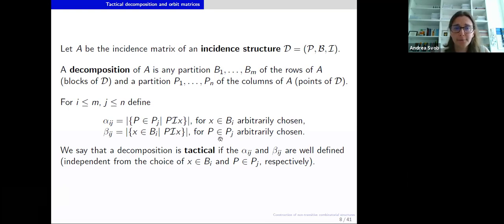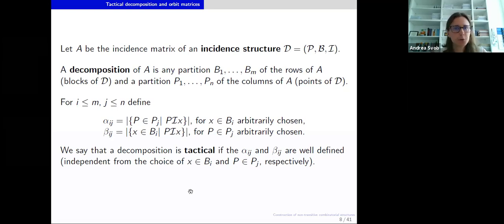If the numbers alpha ij and beta ij are well defined, in the way that they are independent of the choice of the arbitrarily chosen blocks and points, then we say that the decomposition is tactical.